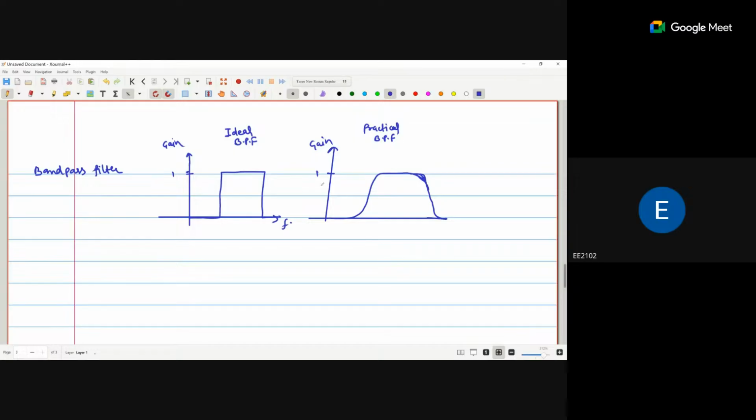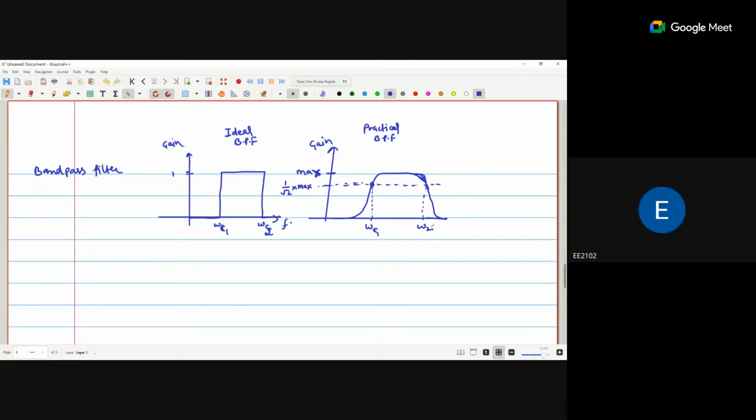Okay. Again, the 3 dB point is where the magnitude is 1 upon root 2 times the maximum. If this is the maximum point, then 1 upon root 2 times the maximum. With respect to this, we are getting two frequencies: omega C1 and omega C2.